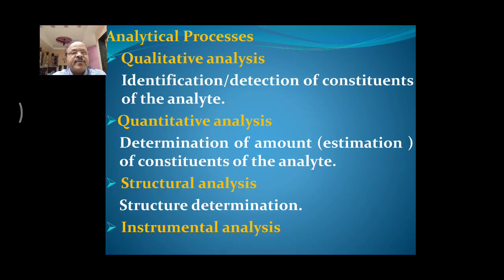The second process, quantitative analysis, is determination of amount, also called estimation, or determination of percentage of constituents of the analyte. Then structural analysis. After qualitative and quantitative analysis, we come to structural analysis, in which we come to know the structure of the chemical compound. So the structure of a chemical compound is always essential.